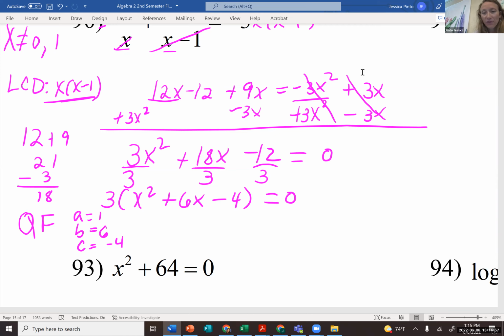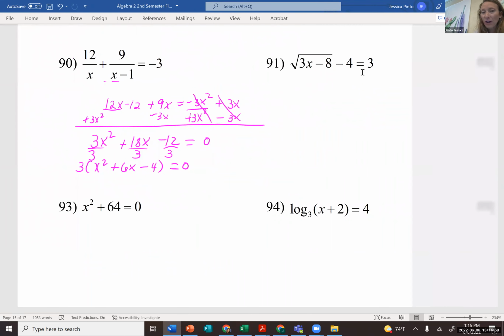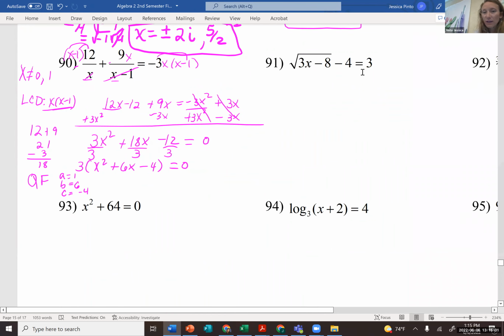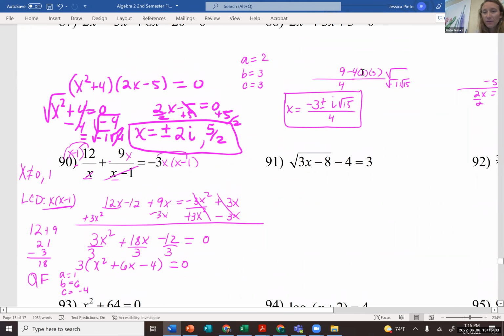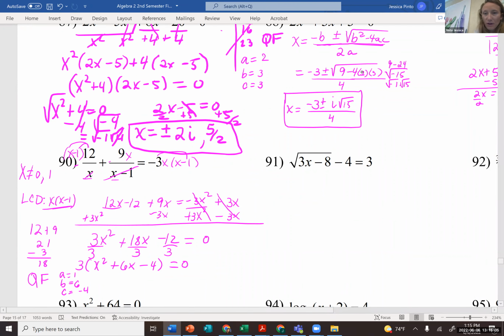So that quadratic formula, I had written it down over here. Negative B, so that's going to be -6 plus or minus the square root of 36 minus 4 times 1 times -4, all divided by 2a. So just divided by 2.